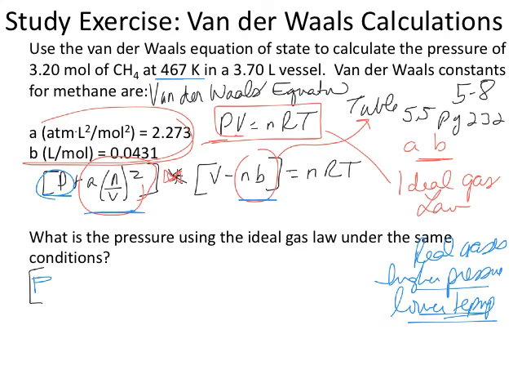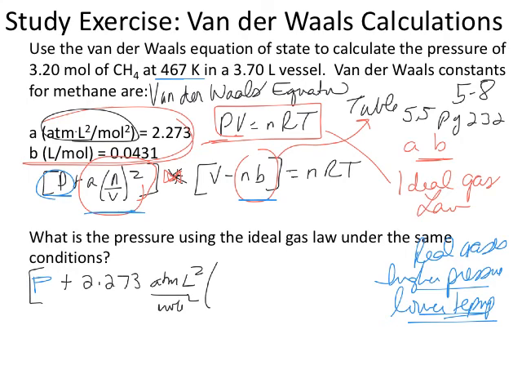And we're going to put in our A term. A is 2.273 atmosphere liter squared divided by mole squared, because that's what's right here. That is your A term.